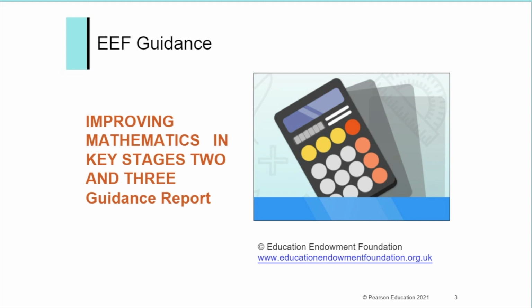So just very briefly then, before we start looking at the nitty-gritty of the questions, I just want to flag this up again, the EEF guidance, Improving Maths in Key Stages 2 to 3. Now, I know this is a deep dive looking at Key Stage 4, but I think it's really important that we understand where that need at Key Stage 4 has come from.